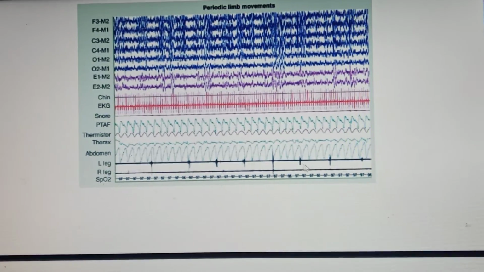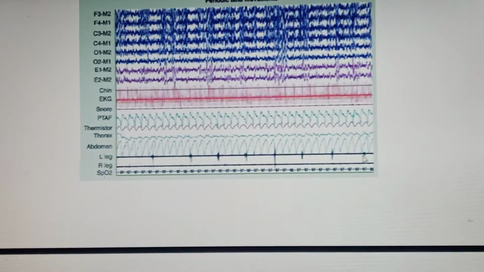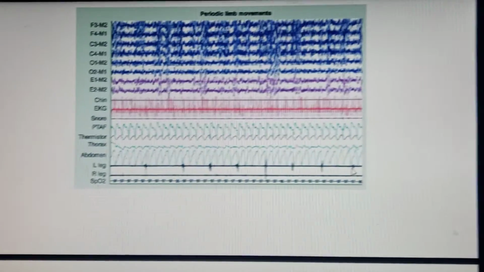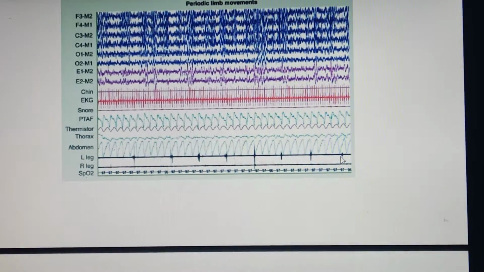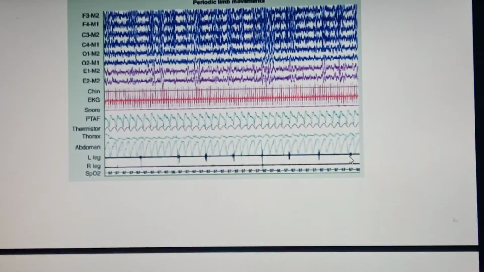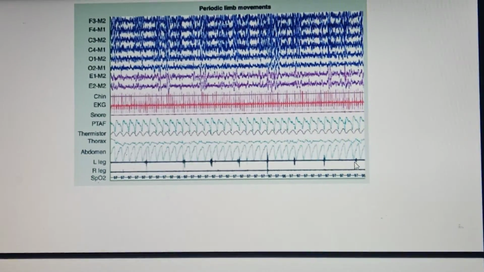Then you will see leg movements in sleep again. So the leg movements after that awake pattern will be included in the periodic leg movement series, because the awake pattern is not more than 90 seconds. So this is how you will score the leg movements.